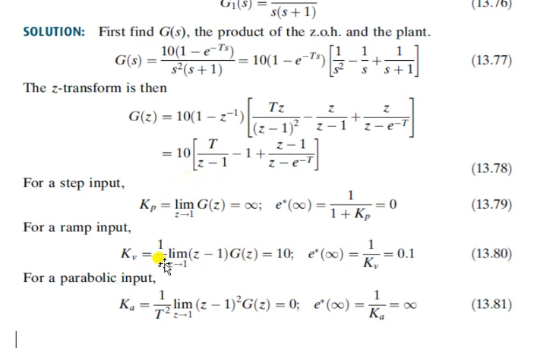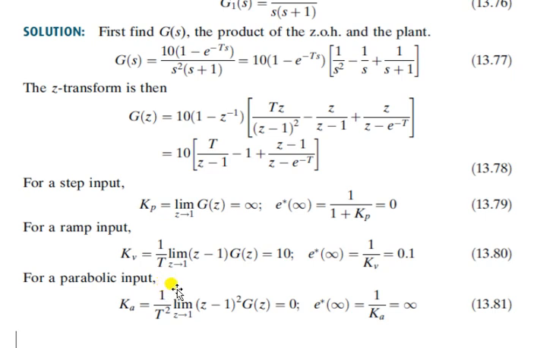Then this T and this T will be cancelled out, and you will put the value for z again. 1 minus 1 will be 0. So you will get the value 10. Then you will use the steady state error formula, 1 upon Kv, and you will get 0.1.